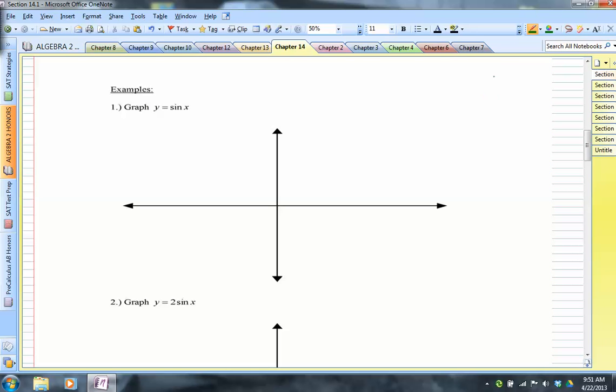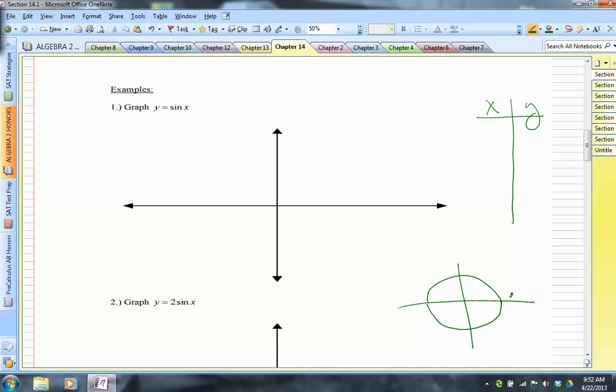Like with most graphs we've never done before, it probably makes sense to make a table. And it probably would make sense to draw a makeshift unit circle so that we know our graph looks somewhat accurate.